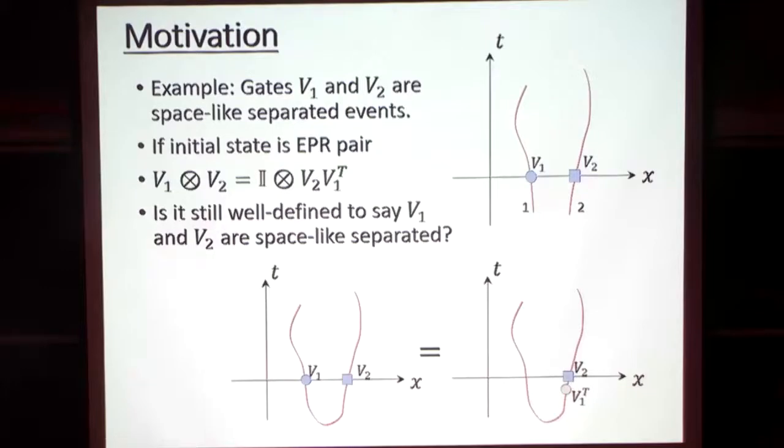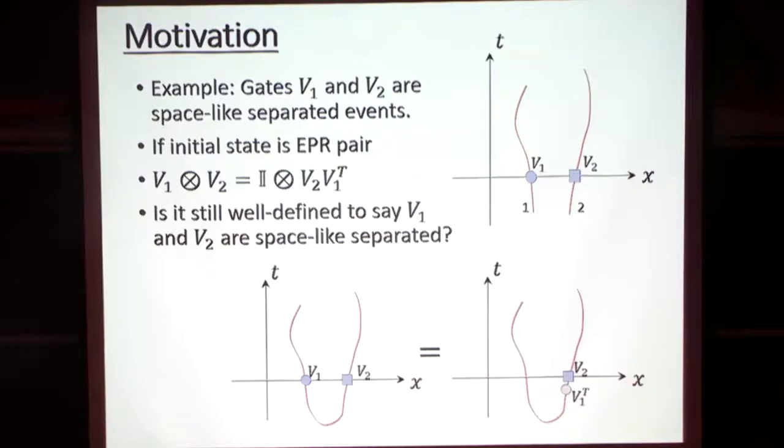And this applies to anything you do, right? It applies to any operator you apply here. So if that's true, then if you always restrict to this subset of initial states, there is no physical observable meaning to distinguish these two situations, although one looks like space-like separated events, one looks like time-like separated. So this is an example of why things become different from our intuition when we look at quantum systems.